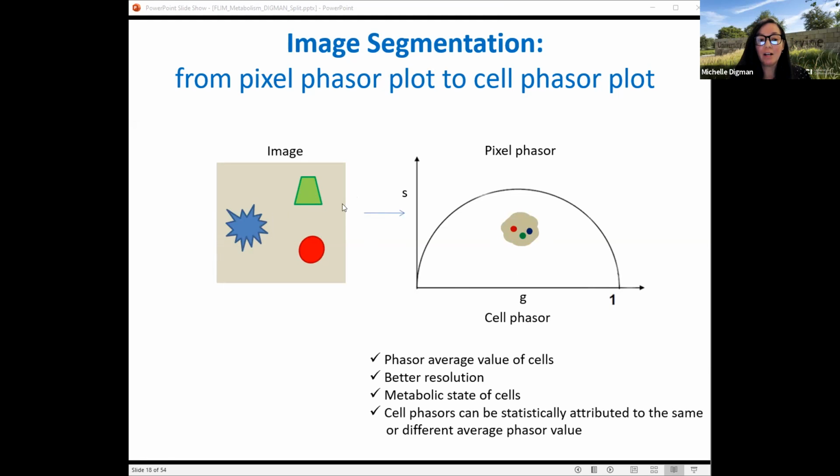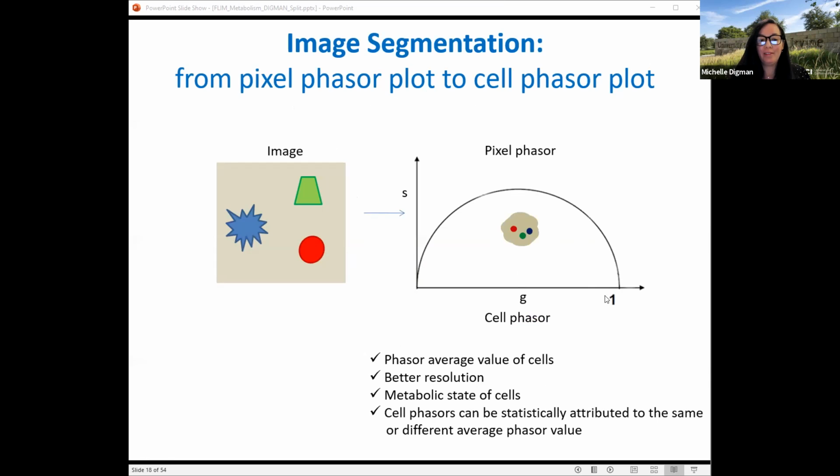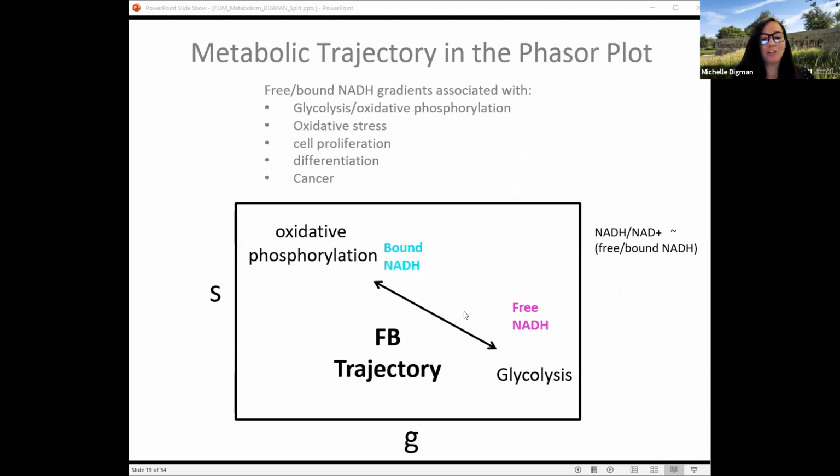They could be different cells, or they can be internal organelles, for example. So in this case, we did what is called the cell Phasor distribution. And I'm going to show you some examples of this, and also how we knew that this metabolic trajectory on the Phasor plot was indicative of glycolysis and oxidative phosphorylation.